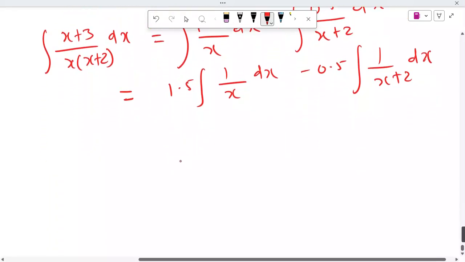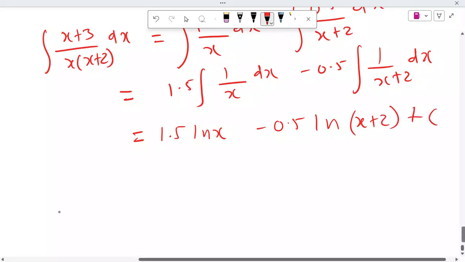And we know the identity: integrating 1 over a linear function, with x to the power of 1, is just ln of it. So this is 1.5 ln x, very simple, minus 0.5 ln (x + 2). We know this doesn't have limits, so we put plus c.